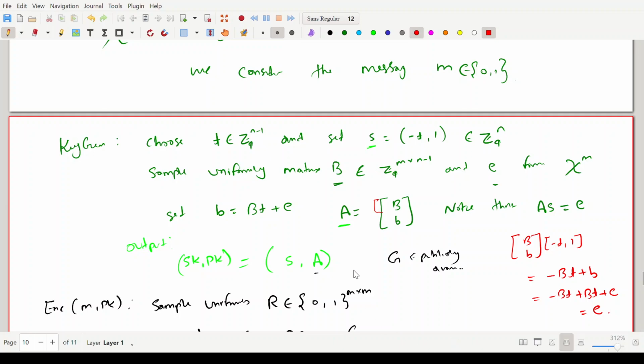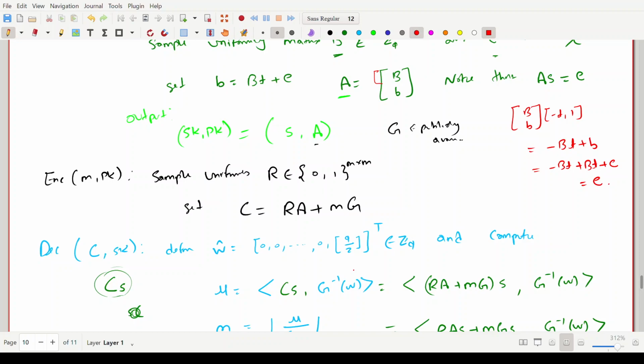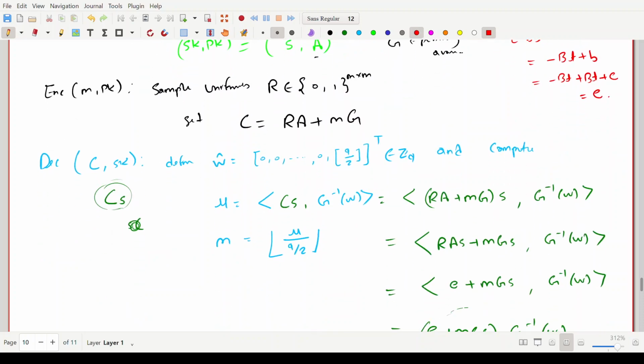And how do you encrypt? First sample a uniform matrix R, and then the ciphertext will be C equal to RA plus MG. Then how do you decrypt?